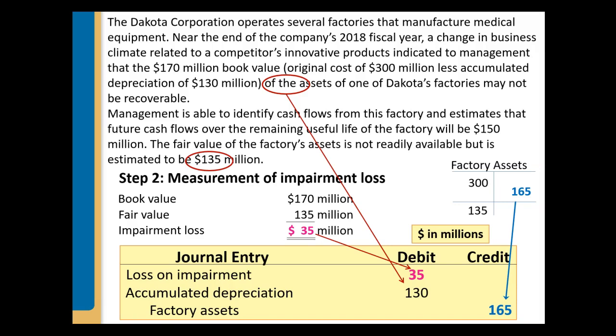The new book value of $135 million serves as the revised basis for subsequent depreciation over the remaining useful life of the assets, just as if the assets had been acquired on the impairment date for their fair values.